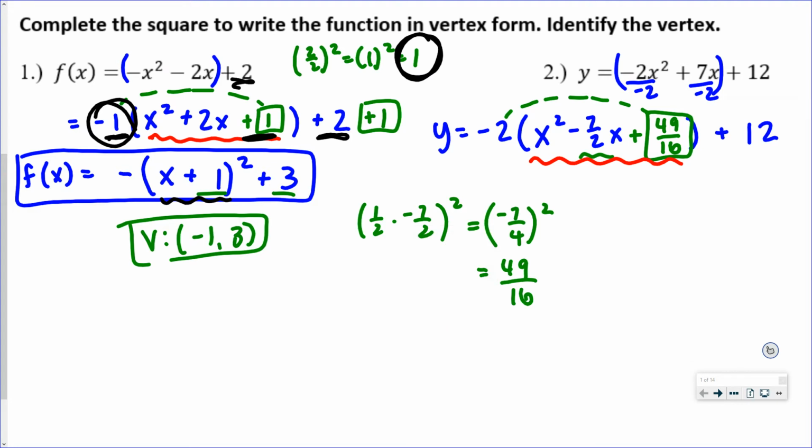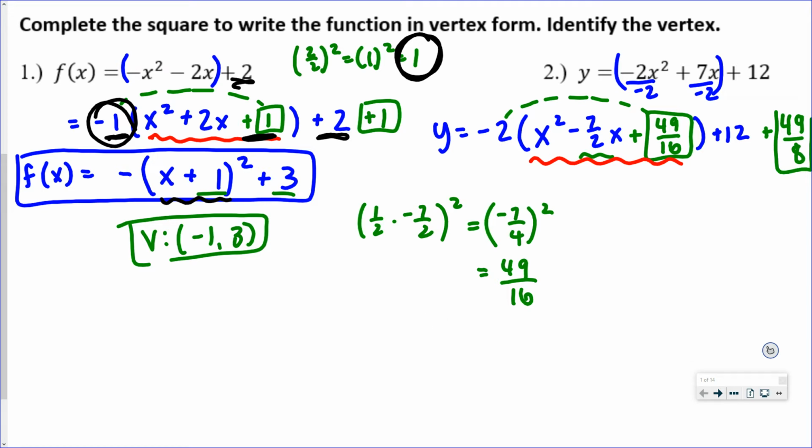I have to counterbalance it. Let me just move my +12 over here, by adding, let's see, that'd be 49/8. Yep. Now the equation's balanced.